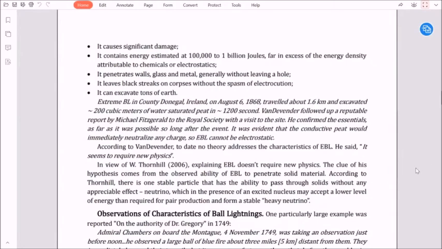According to Thornhill, there is one stable particle that has the ability to pass through solids without any appreciable effect, neutrino, which in the presence of the excited nucleus may accept a lower level of energy than required for pair production and form a stable heavy neutrino. There is only one defect of this hypothesis. Neutrinos have no energy at all.